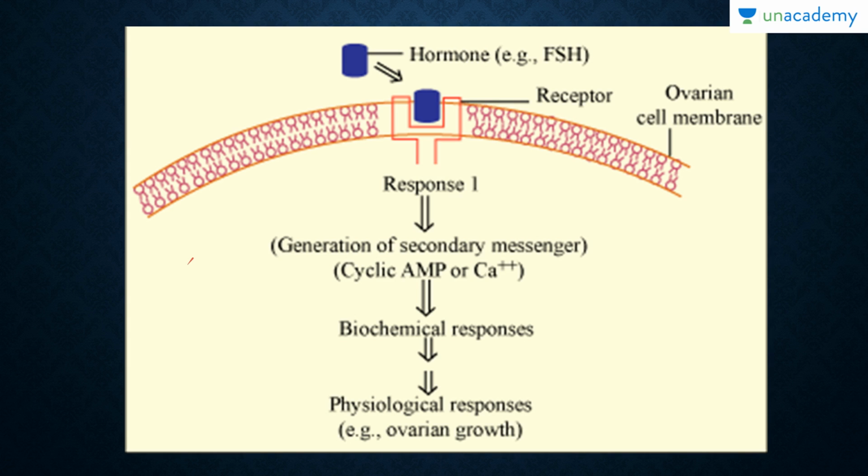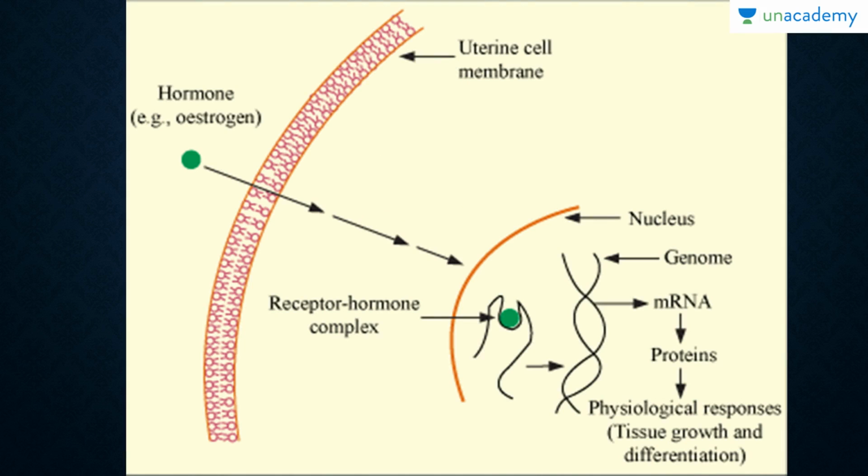So this whole thing is a hormone receptor complex. Now what response will it produce inside the cell? It will generate the second messenger, and as such cyclic AMP or Ca2+ are triggered to produce some biochemical responses, and finally they will produce physiological responses, which in this case would be growth of the ovaries.